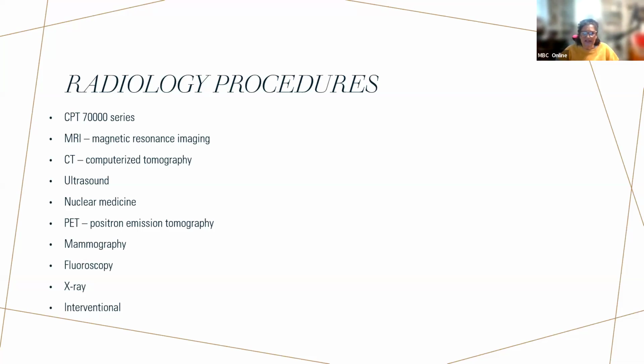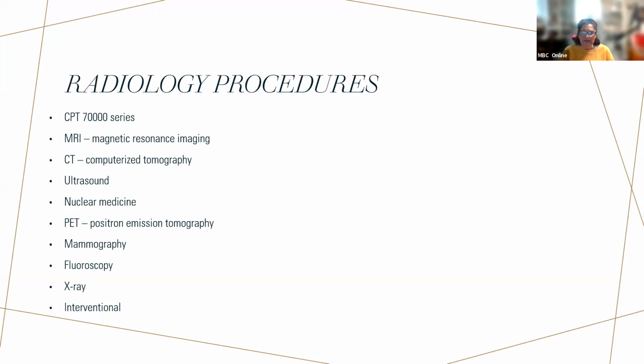Know what CT means, because you may have MRI, but you have to look up the code, and you may not be able to find MRI, but you find magnetic resonance imaging. If you don't know what that means, then you might have trouble. And yes, you do have Google and help like that, but it just helps when you know that.